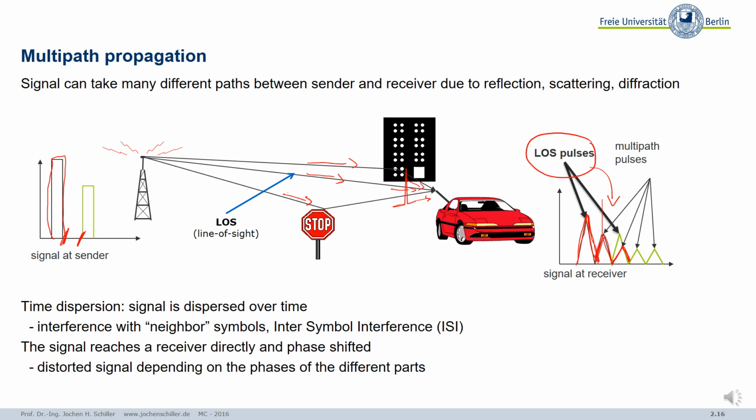So although we clearly separate the signals on the sender side, they overlap on the receiver side. That's not nice, because they might cancel out each other. And it's not always the case that the multipath signals are weaker compared to the line of sight.